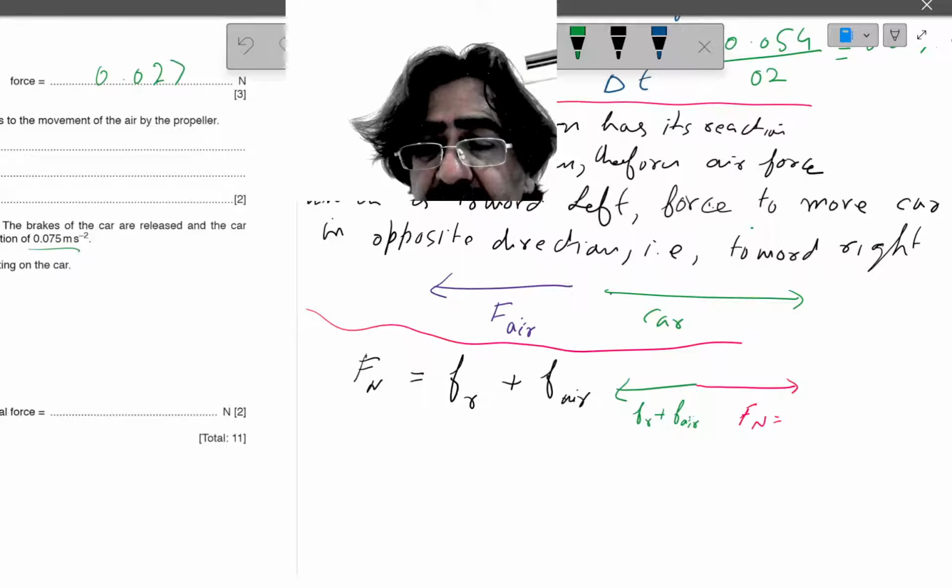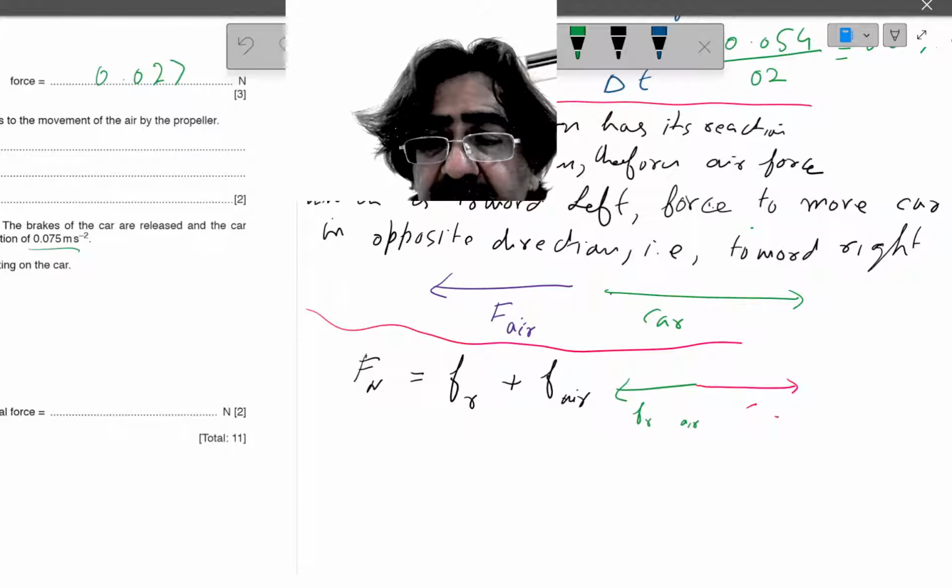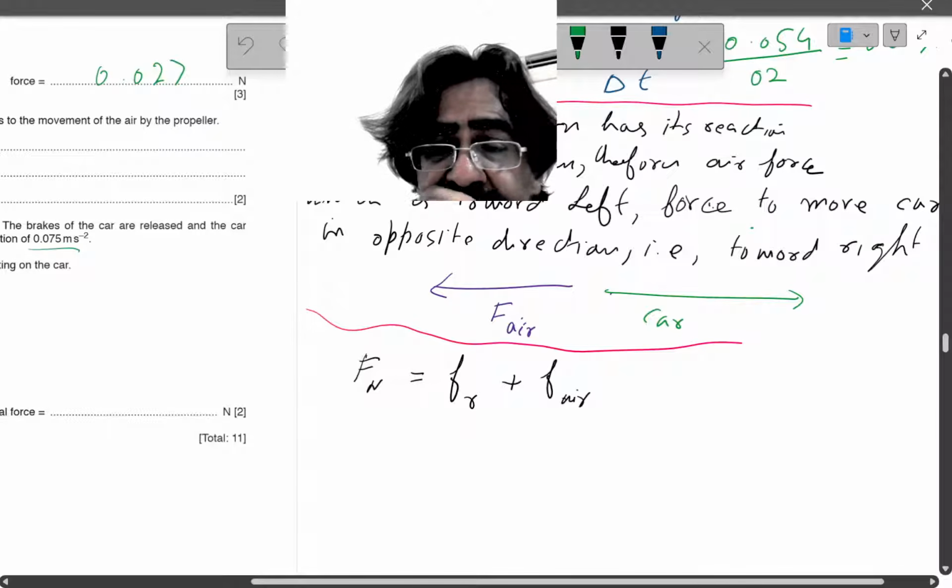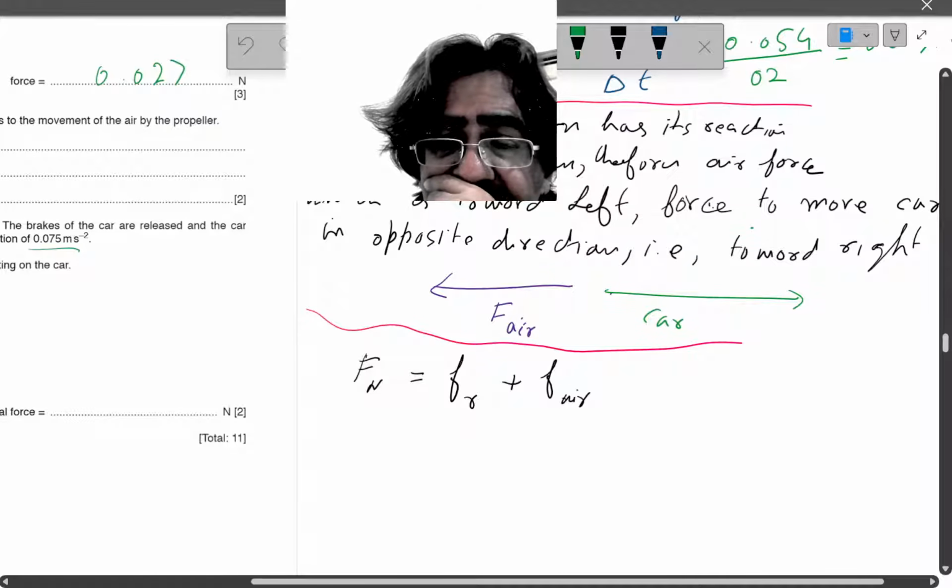No, sorry, I'm wrong. Friction will be negative, because friction will be opposite.